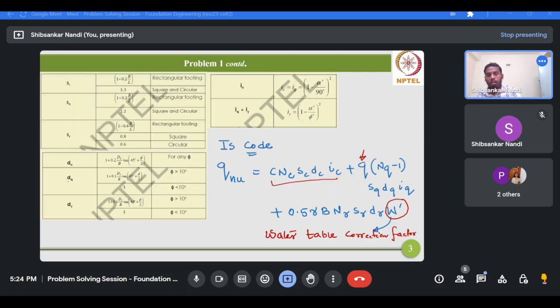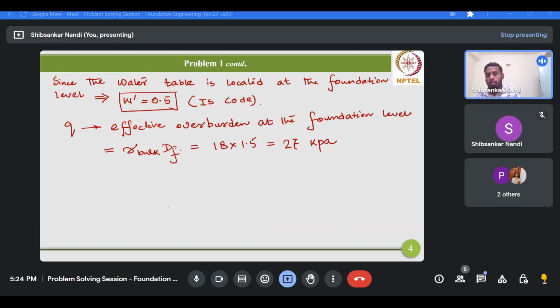Okay, now we just have to substitute these values in this equation. So qnu, it would be 9 kPa, then the Nc value is 30.14, Sc value is 1.114, dc value is 1.26, and ic value is 1.